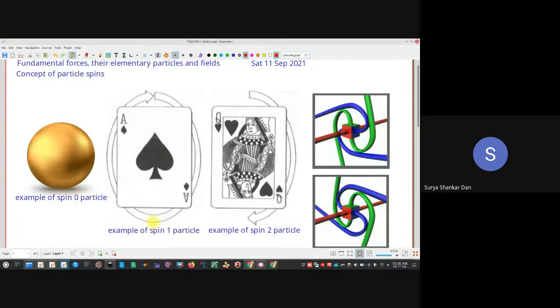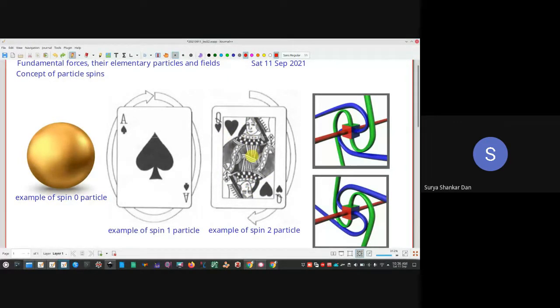Photon is a spin 1 particle. Example of a spin 2 particle is graviton. Graviton is the particle which produces gravitational energy, gravitational force.